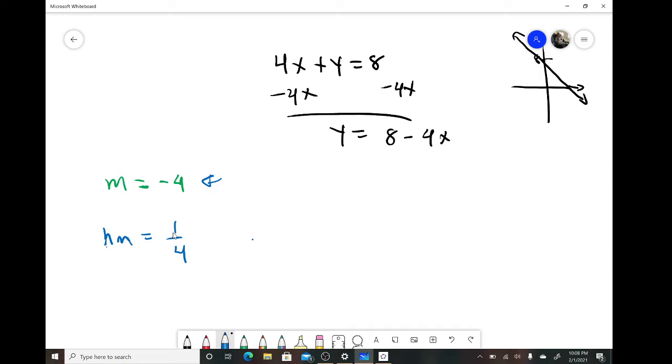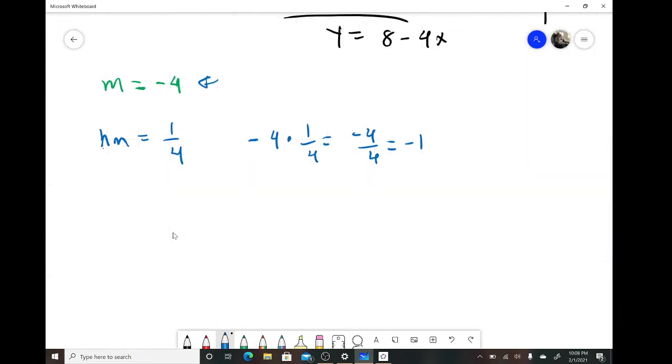If you notice, when you multiply -4 times 1/4, you get -4/4, which equals -1, which is what we want. The rule for finding the slope of a perpendicular line is the following.